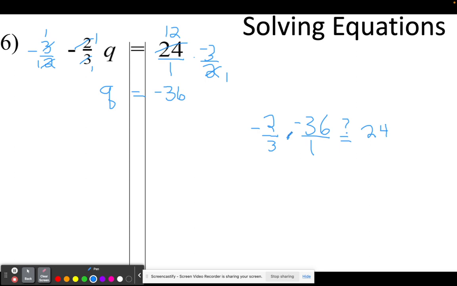This is multiplication, so simplify first. 3 and 36. Divide by 3. Divide by 3. This becomes a 12. And you see my denominator is going to be 1 times 1, or 1, so I can just ignore my denominator at this point. Negative 2 times negative 12 is a positive 24. So yes, this did work, because 24 does in fact equal 24. So my answer, q equals negative 36, is correct.